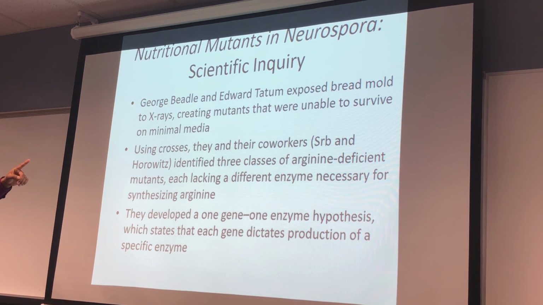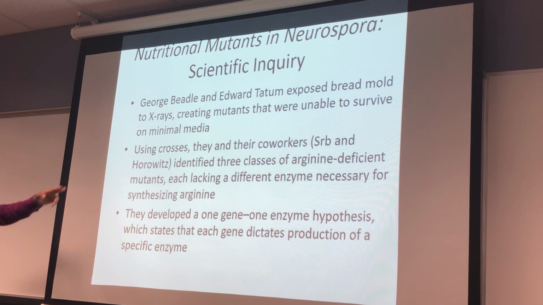Then if you place this mutated bread mold on the minimal media, they are not able to grow because they are not able to convert the minimal media precursors into the arginine that is necessary to grow. Okay, so something happened whenever they exposed this bread mold to the X-rays, to the genes, to the enzymes, and that affected their survival.